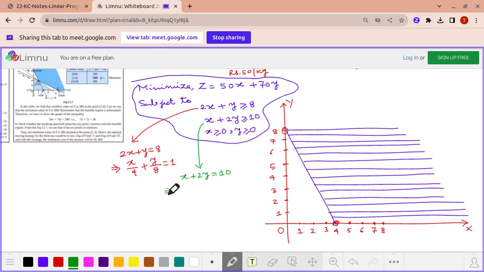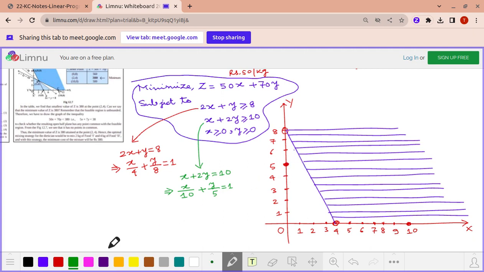If you express this in the intercept form, it is x by 10 plus y by 5 equal to 1. So, we need to make x 10. 8 is there, so 9 and 10. So, x by 10 is this one. Let me mark it, and y by 5 is this one.